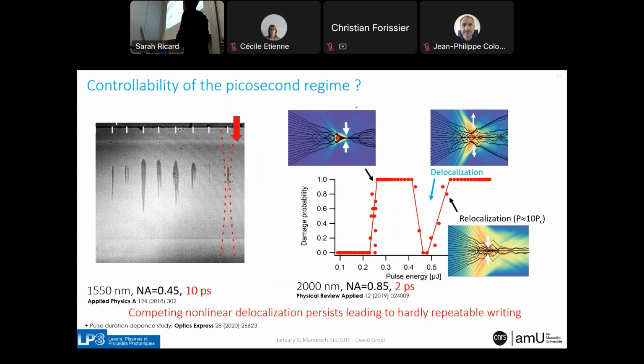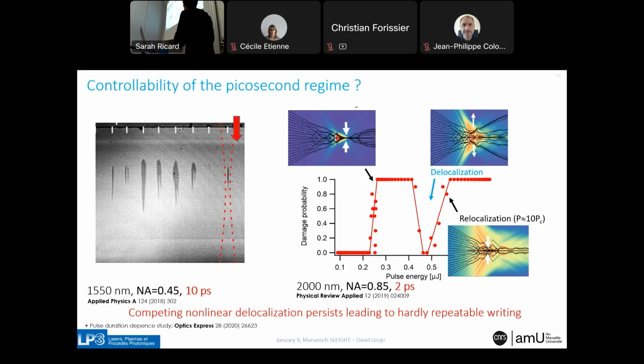So you see there is something not reliable that we associate with nonlinear distortion of the pulses, and that we could also confirm by other types of experiments where we measure the damage probability as a function of pulse energy. There we interestingly found the usual response that above a given energy that defines the damage threshold, we move from 0% damage probability to 100%.